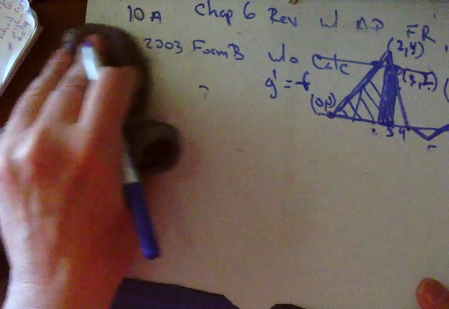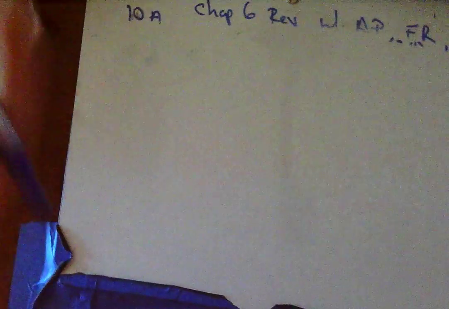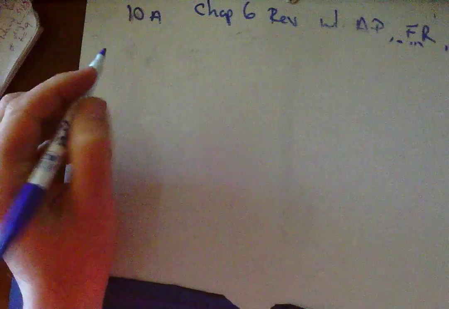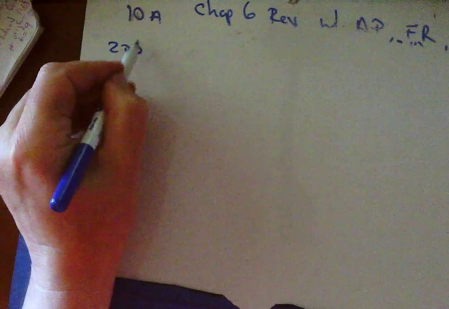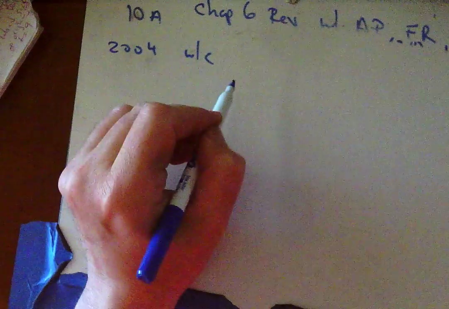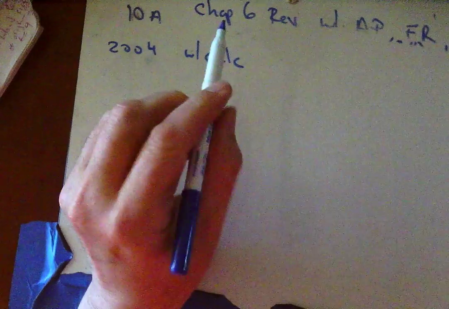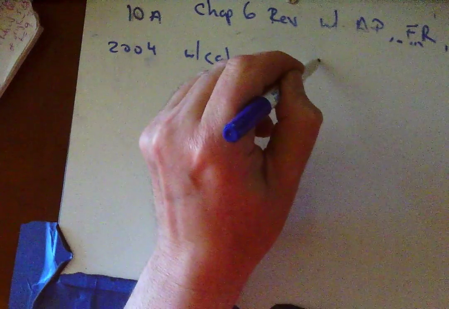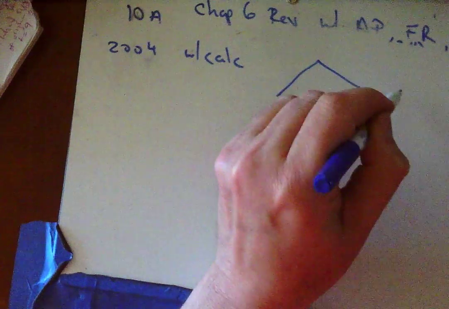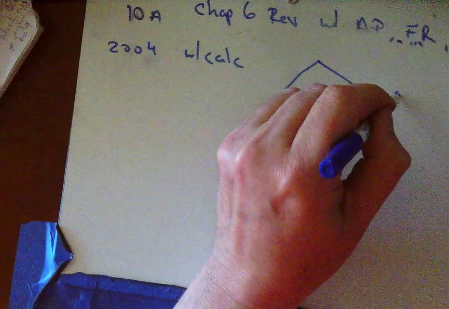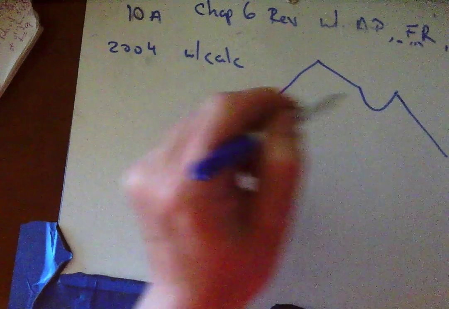Two more questions? Not sure I can make it, but we'll give it a try. This one is 2004 with calculator again. Comes with a little graph, and that looks like a semicircle, and then down.